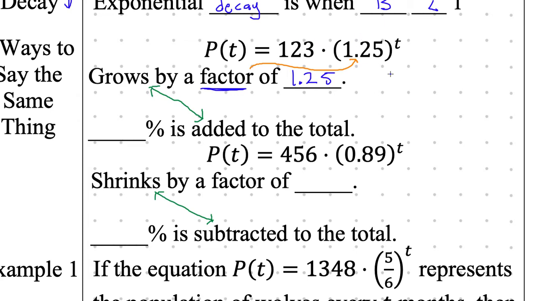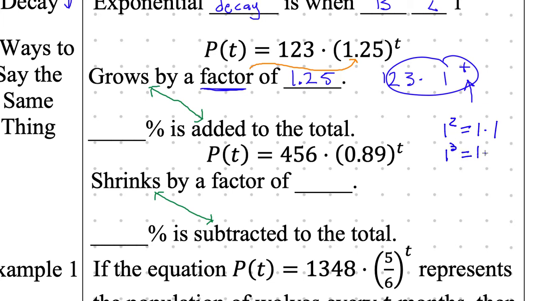Let's see, if I just said the equation was 123 times 1 to the power of t, no matter what number I plug in for t, this is going to be the same amount. 1 to the power of 2 is 1 times 1, which is 1. 1 to the power of 3 is 1 times 1 times 1. No matter what value I choose for t, even if it's a decimal, nothing's going to happen. It's still going to stay the same value.